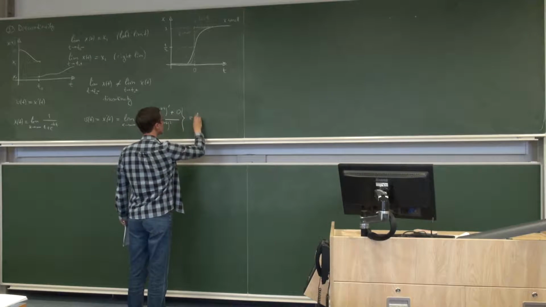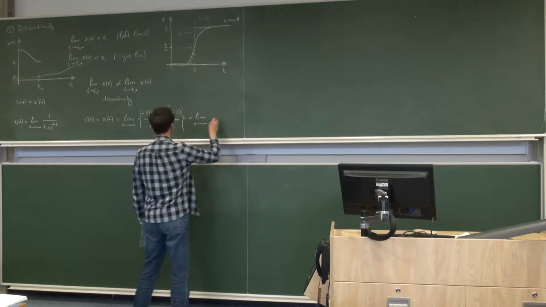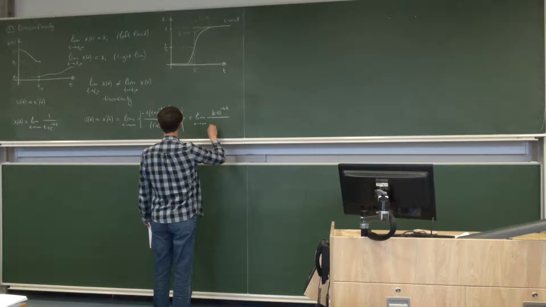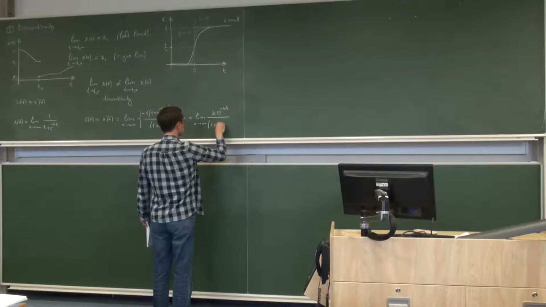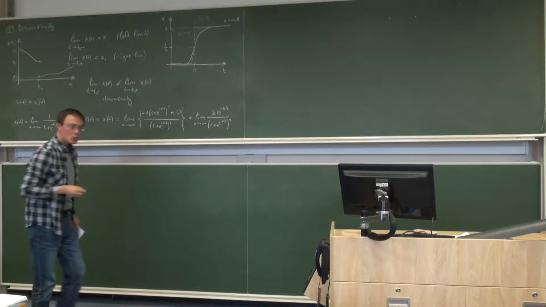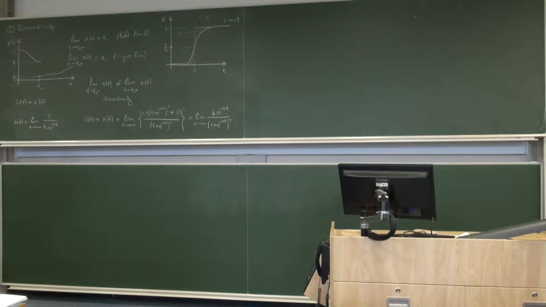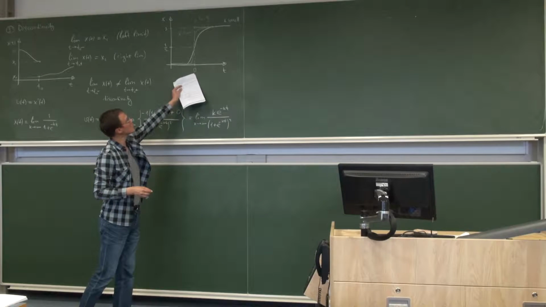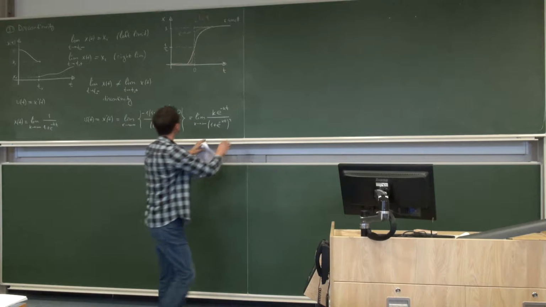So we have limit k to infinity of k e to the minus kt over 1 plus e to the minus kt, squared. So far, so good. Let us calculate this limit at the point where our event happens. So we will put time to 0.